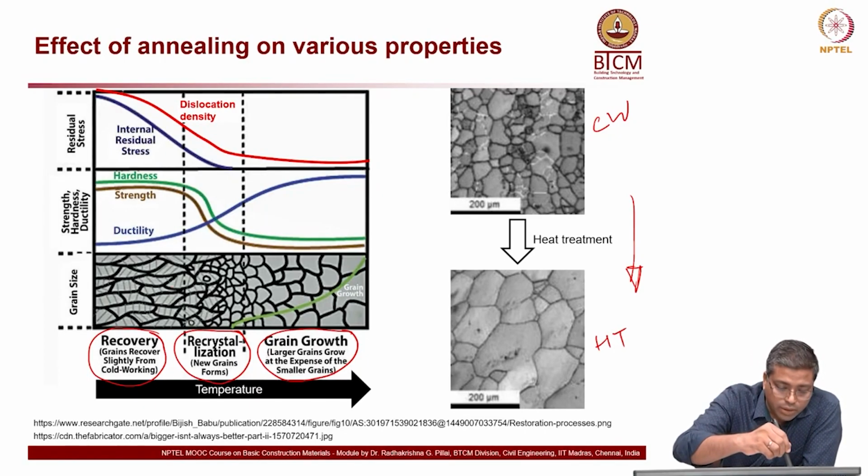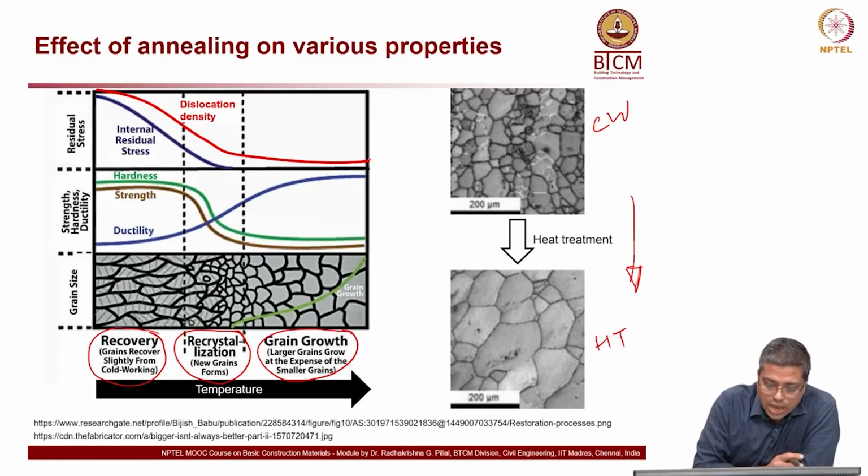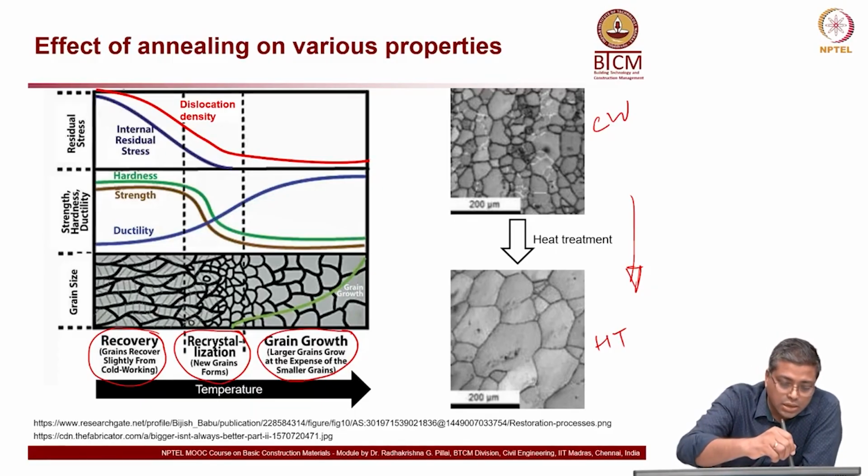Now, the dislocation density decreases as you move to the right, as you keep heating the material, and the internal residual stress also decreases as you go through these three phases.